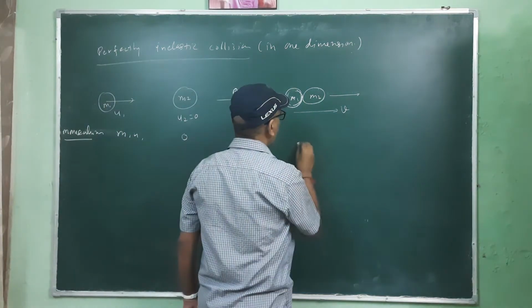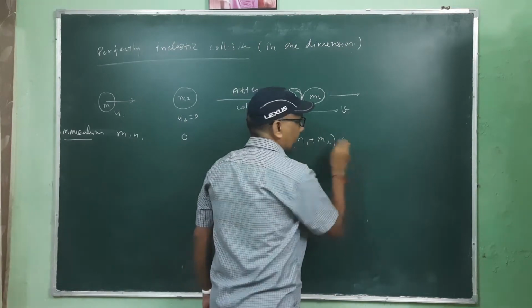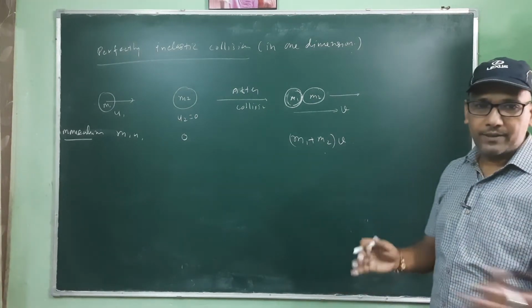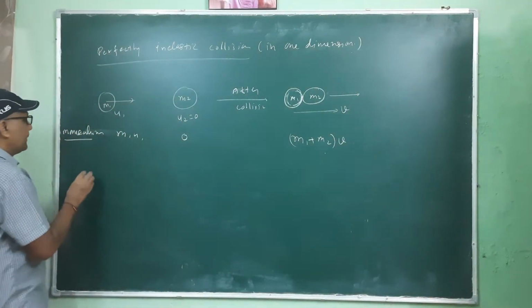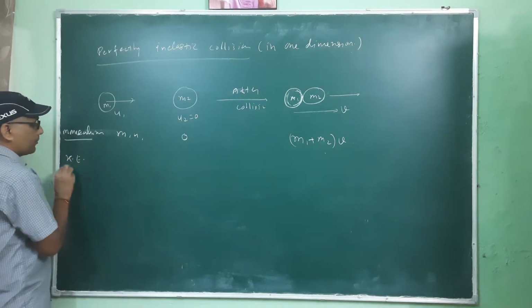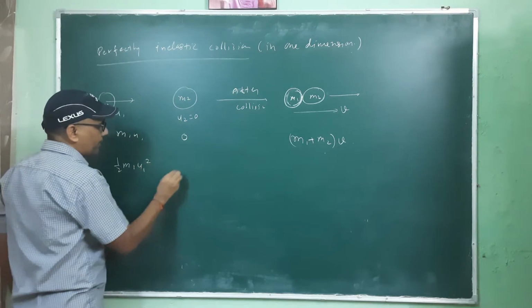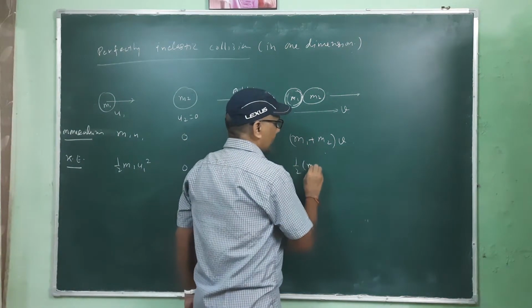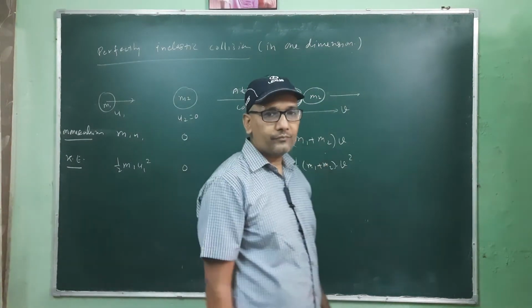The common momentum is (m1 plus m2) multiplied by v, because both move with the same velocity after sticking. The initial kinetic energy is half m1 u1 squared, and the final kinetic energy is half (m1 plus m2) multiplied by v squared.